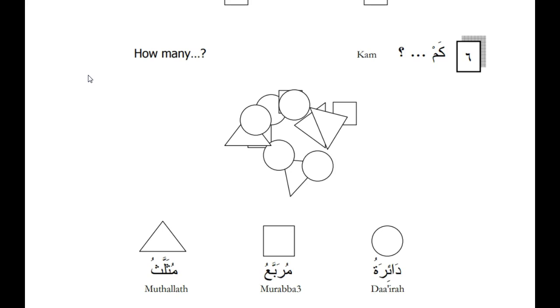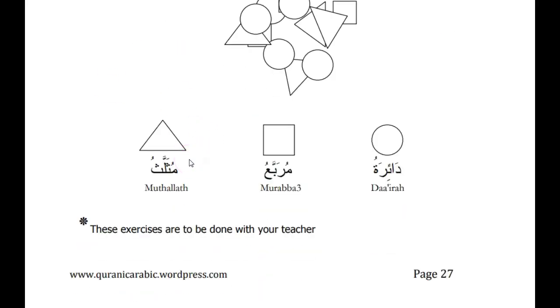Well, basically here, these are the shapes, 3 shapes that are really common: circle, square, and triangle. So in Arabic, circle is da'ira. Square is murabba. Murabba comes from raba, from 4.